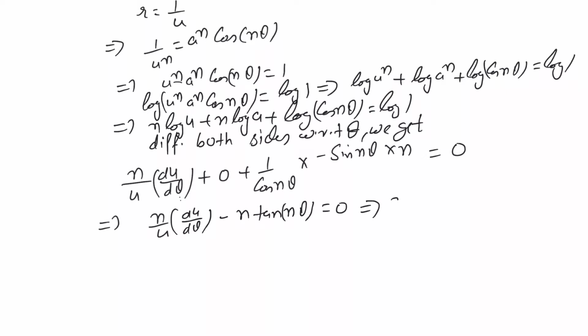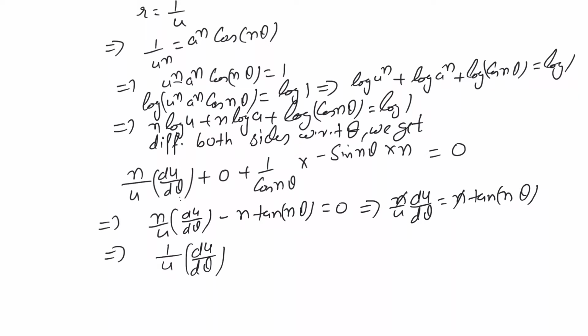This implies that (n/u) du/dθ = n tan nθ. The n will cancel out, implies (1/u) du/dθ = tan nθ, and this further implies that du/dθ = u tan nθ.